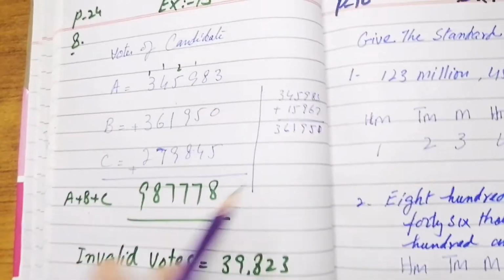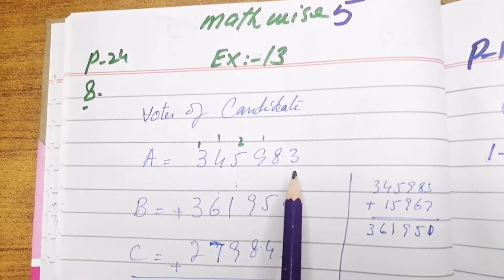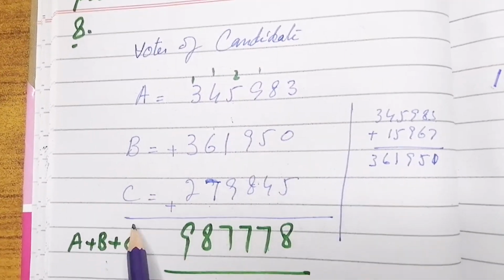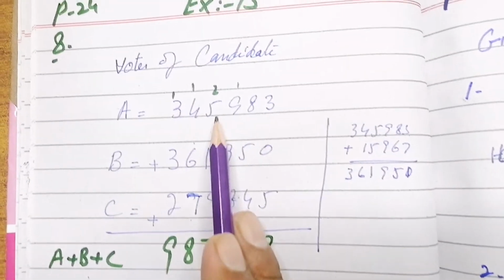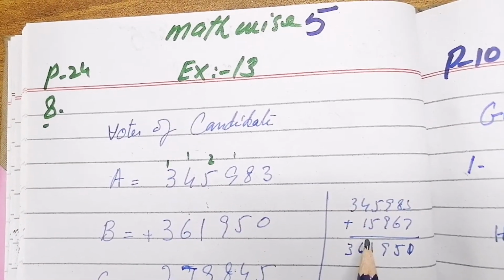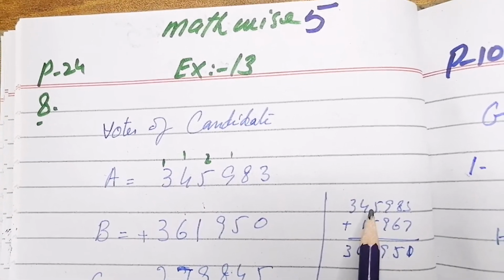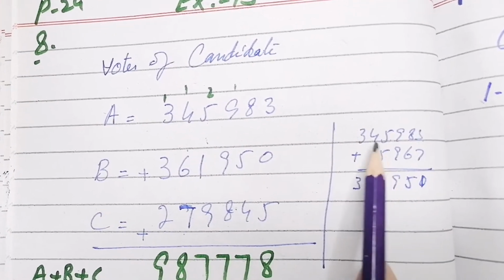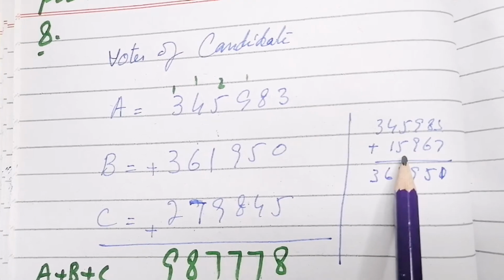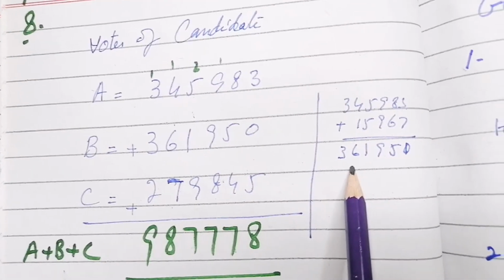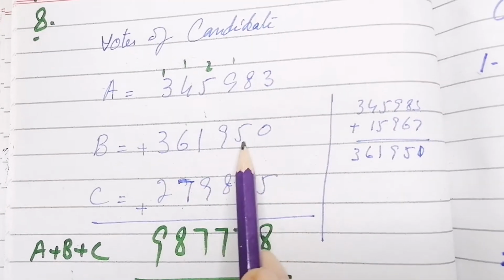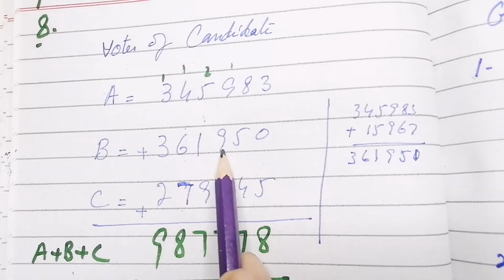So here candidate A got this much, B got this much. We have to add the votes taken by A, and B won by 15,000 votes, so we add votes of A and the 15,000 lead of B. So this gets 3,61,950.